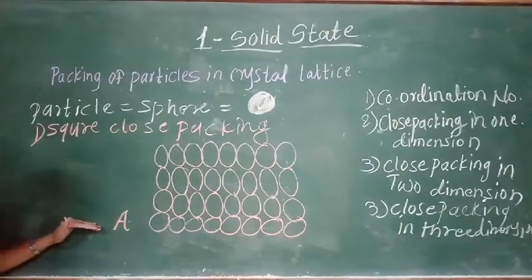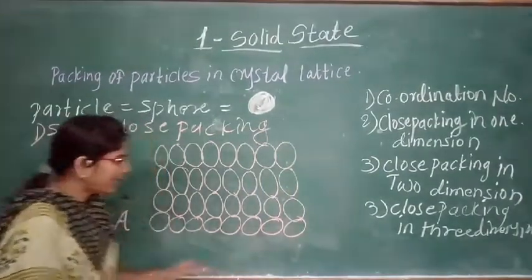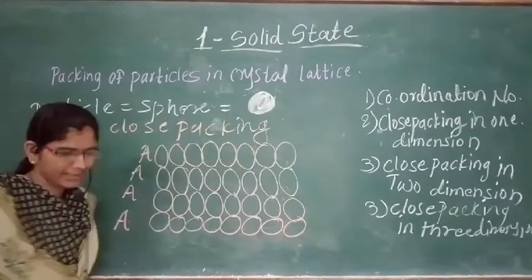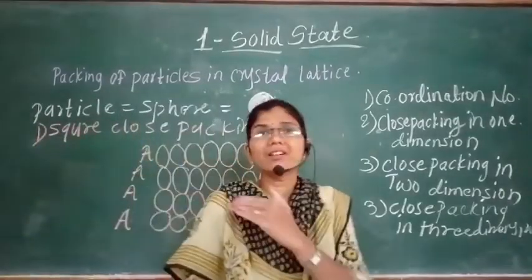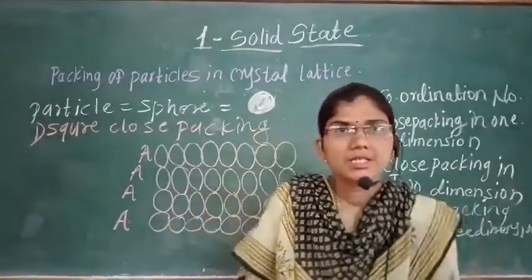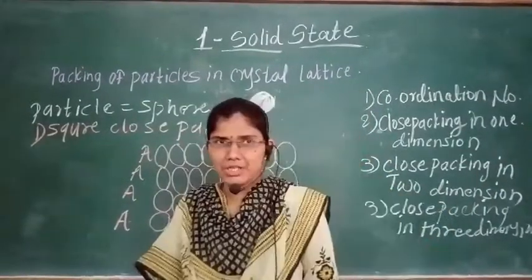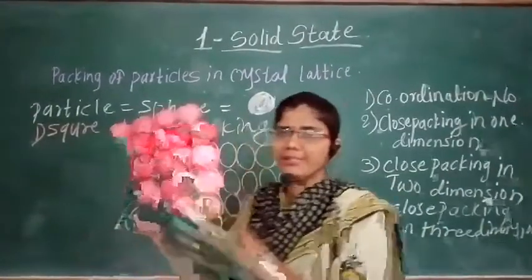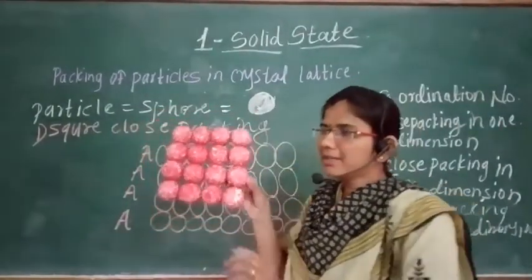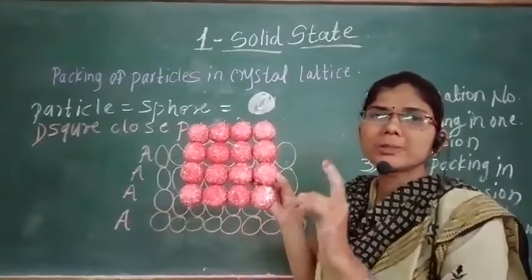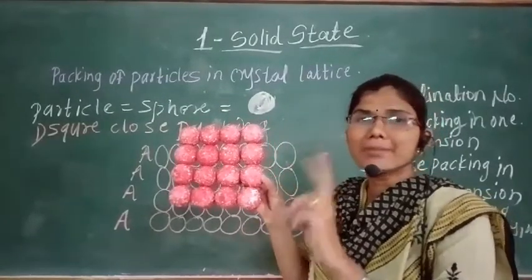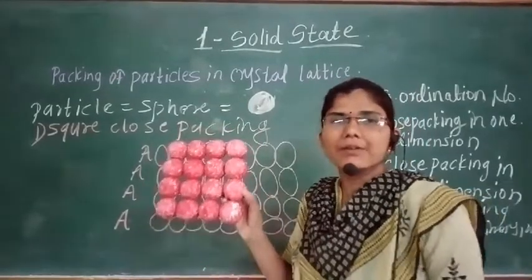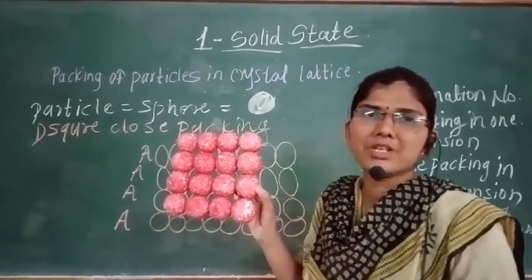Square packing means suppose this is the row A and this is also A. We have a model of this structure, square close packing in two dimensions. That means, dear student, we have this square close packing arrangement in the two-dimensional structure, because in two dimensions we have two types of arrangement.